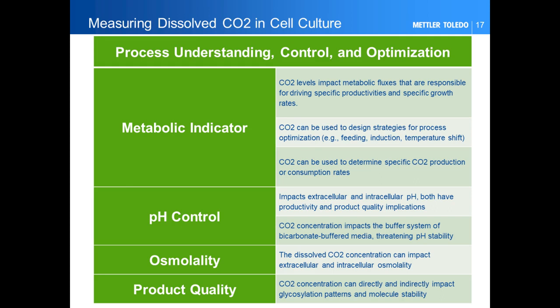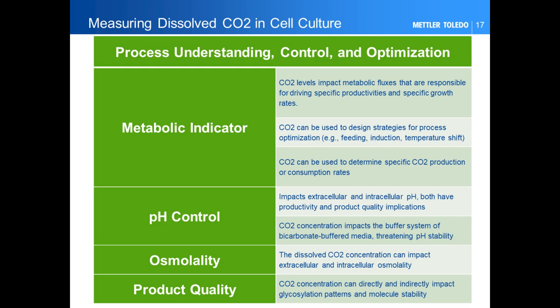So beyond pH control, dissolved CO2 in media will impact metabolic fluxes to be used to optimize a feeding strategy. For example, a feeding based not only on the carbon source.